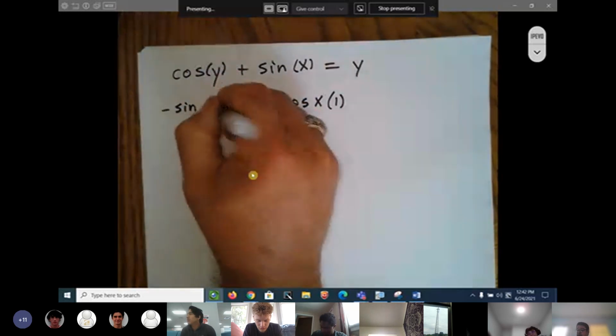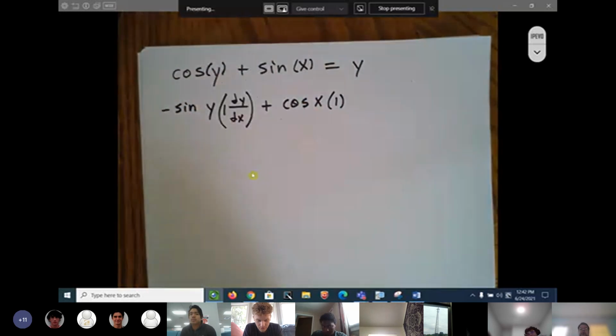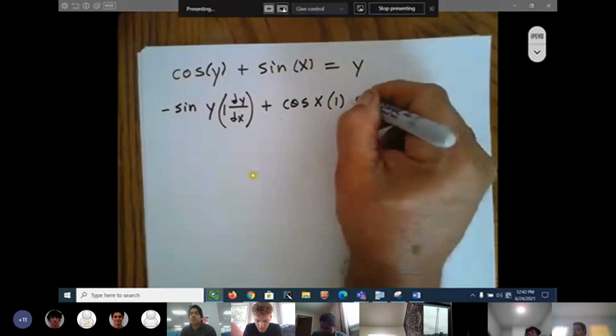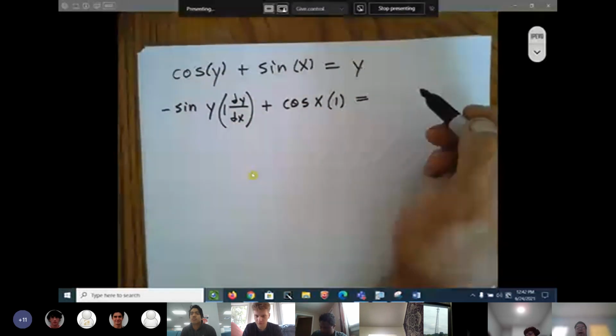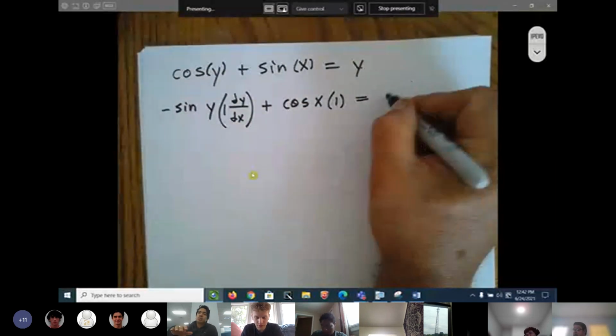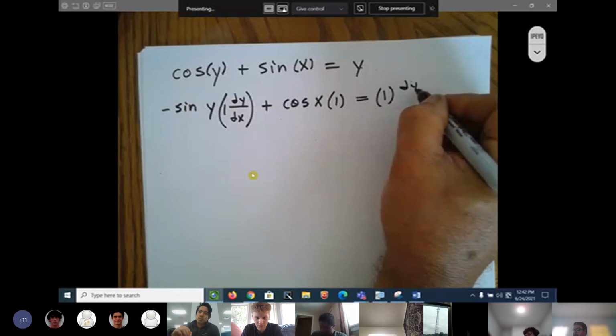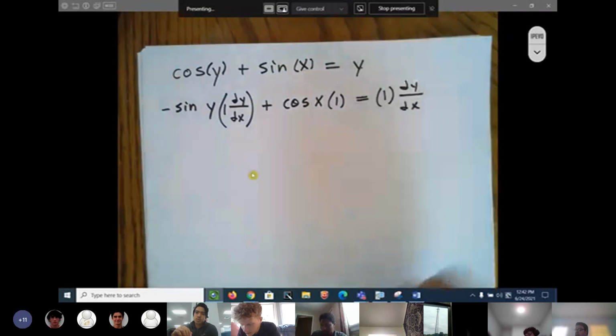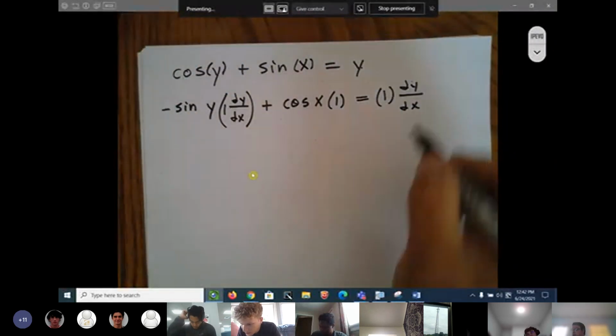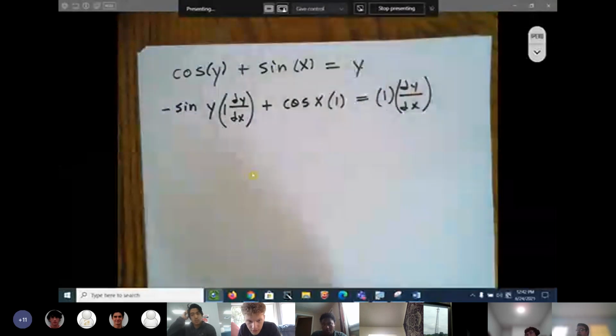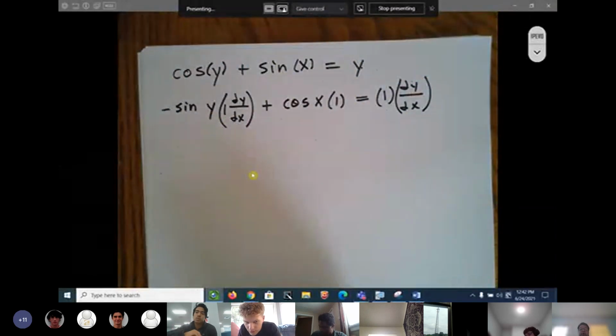And we did that right here. Equals, what's the derivative of y? 1 dy dx. So now you just have to what? Get everything on one side.